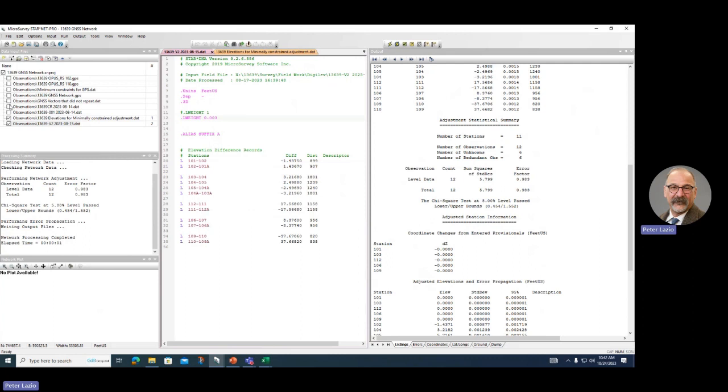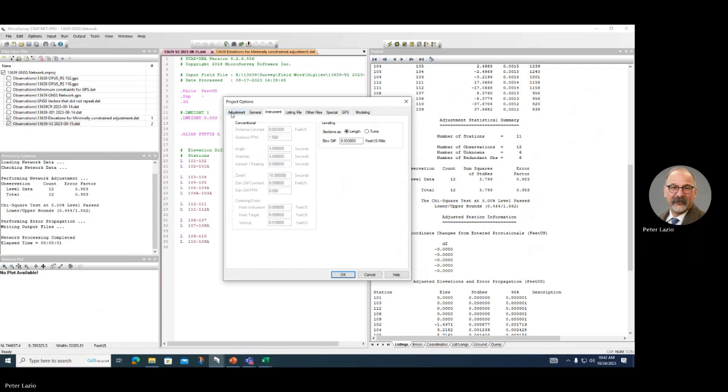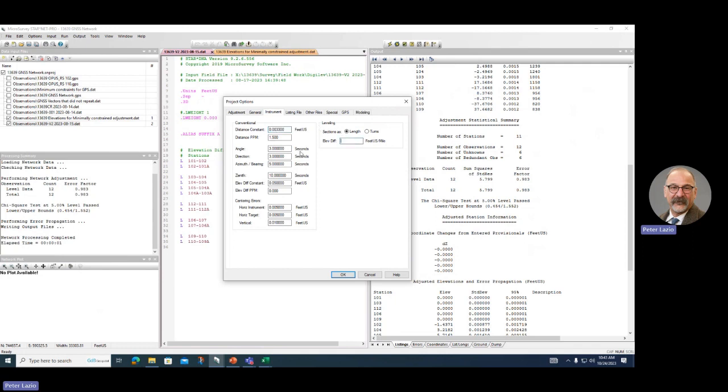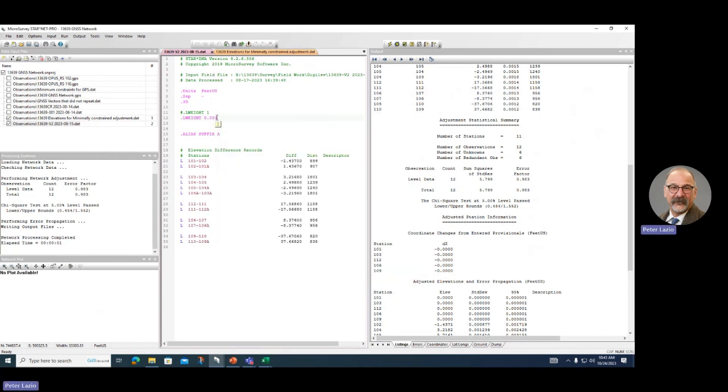And so now we go back into project. Now it goes back to a 3D adjustment. And I'm just going to set this. So now we're using this factor.